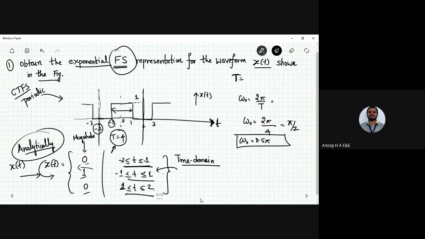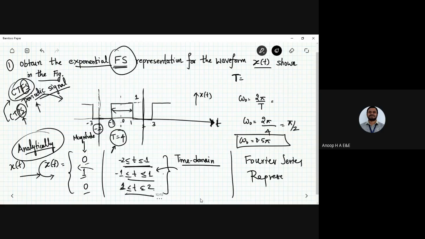You have to remember that for a continuous time periodic signal, the representation is a Fourier series representation, not the Fourier transform.